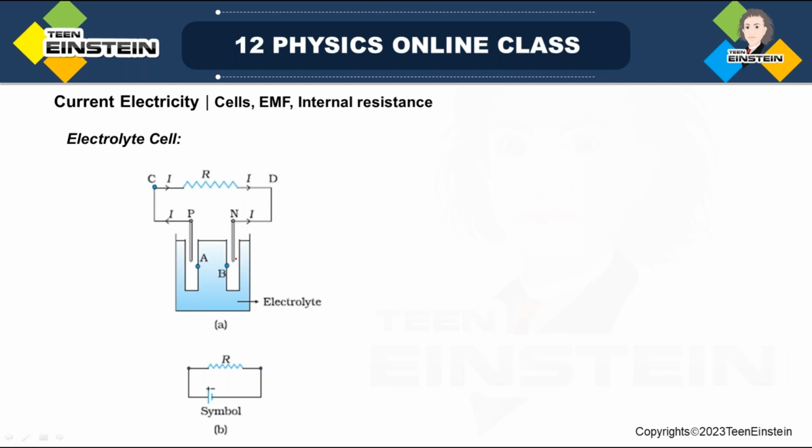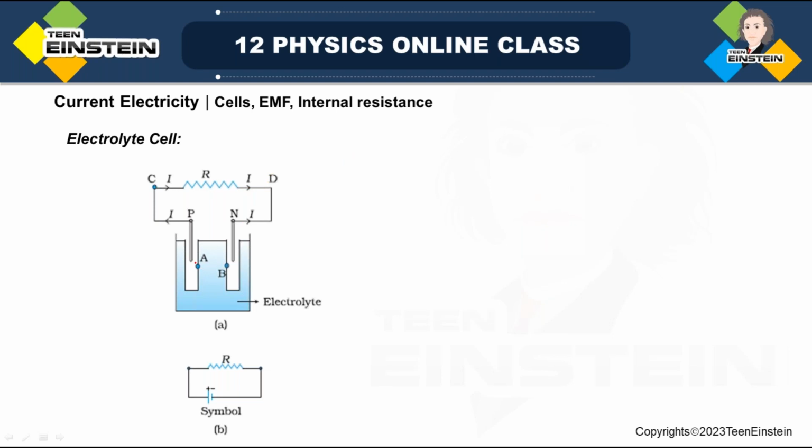Similarly, this electrode N is electrically negative compared to the point B, which is inside the electrolyte.